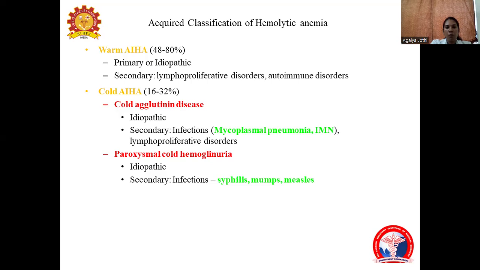Cold autoimmune hemolytic anemia has two subtypes: cold agglutinin disease and paroxysmal cold hemoglobinuria. For cold agglutinin disease, the primary cause will be idiopathic. Secondary causes will be infections like mycoplasma pneumonia, infectious mononucleosis, and lymphoproliferative disorders.